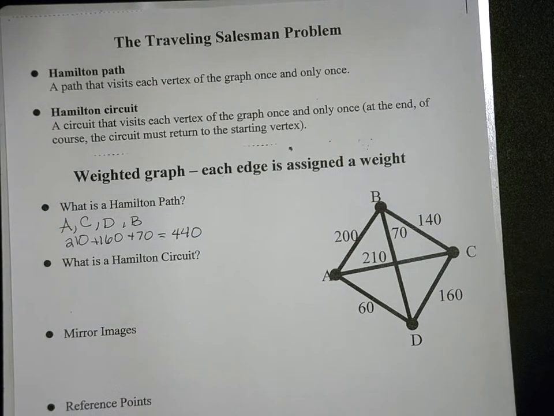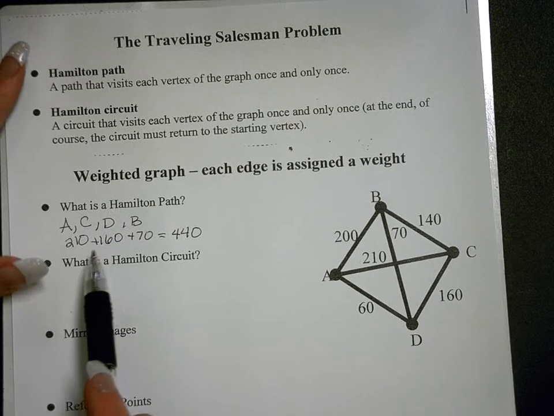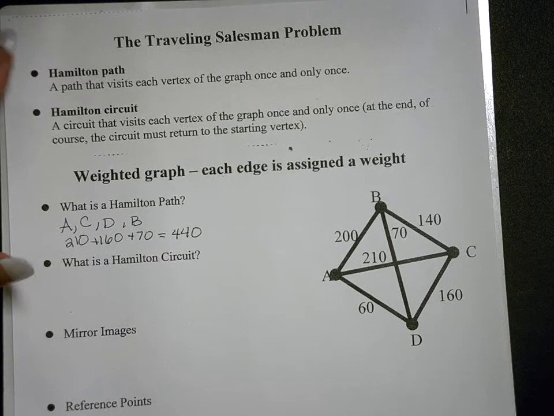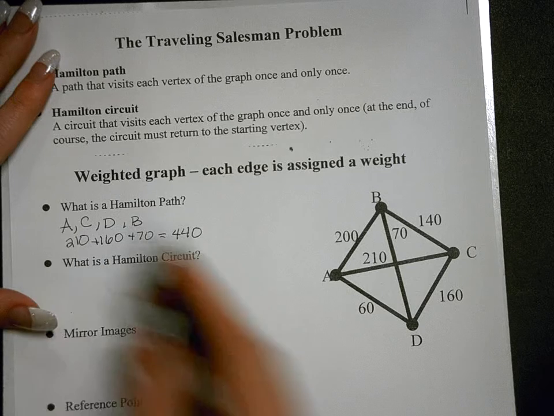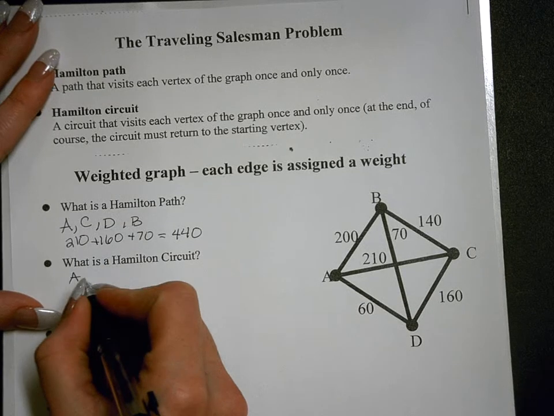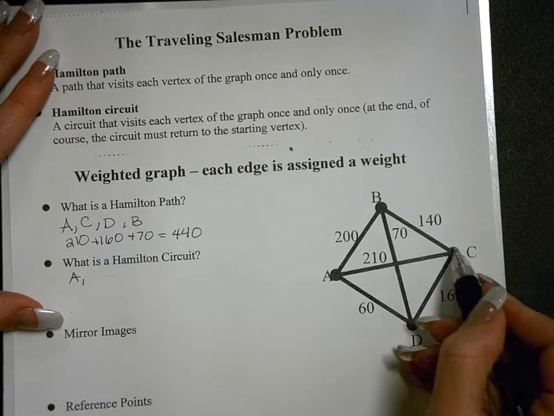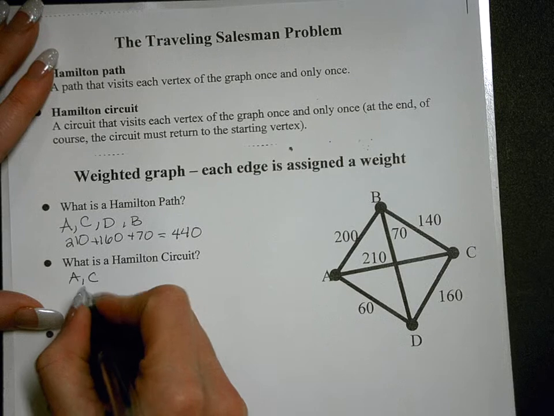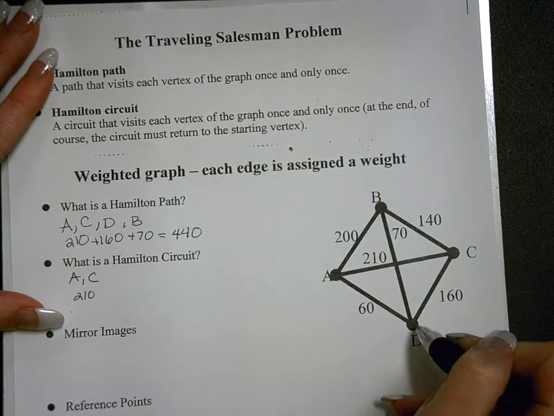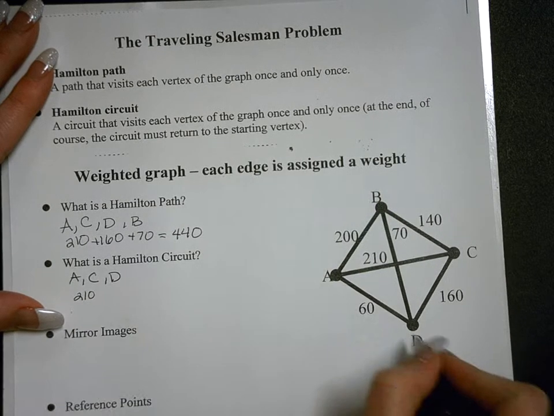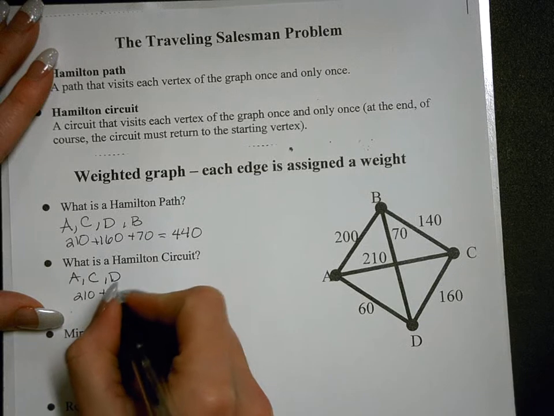Now let's take a look at what a Hamilton circuit is. A Hamilton circuit starts at a vertex, goes to every single vertex, and at the end goes back to the same starting vertex. So let's use this same Hamilton path and make it a Hamilton circuit. Let's say we start at A and then we go to C. That was 210. From C, we're going to go to D, which was 160.